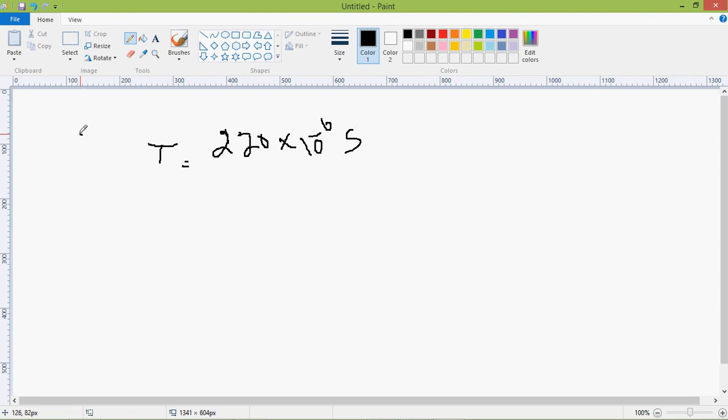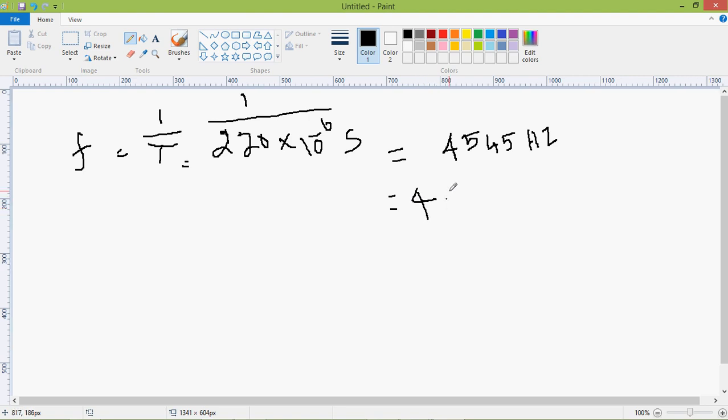If I want to calculate F, then F equals 1 by T. If you divide 1 by 220 times 10 power minus 6, you will get approximately 4,545 Hz, which is equal to 4.5 kilohertz. This is approximately equal to 5 kilohertz.